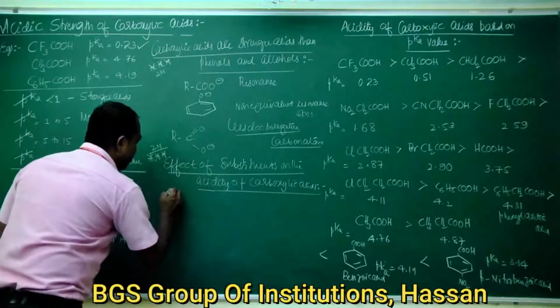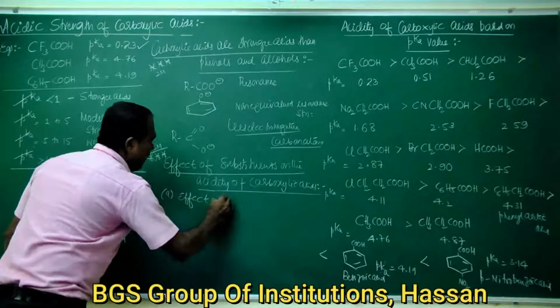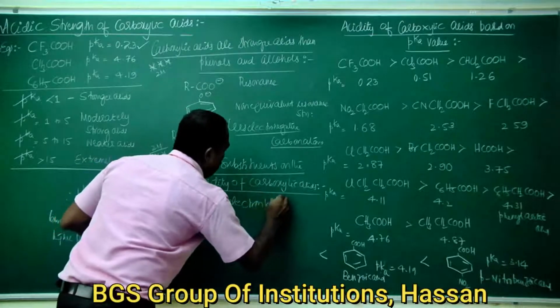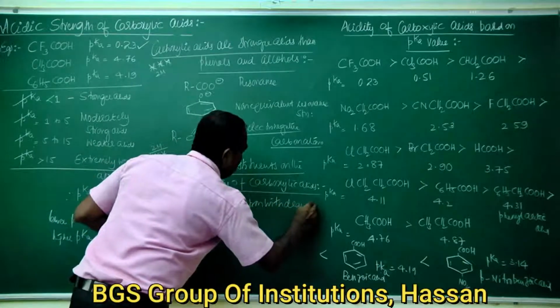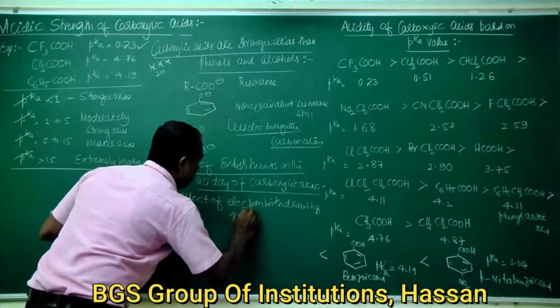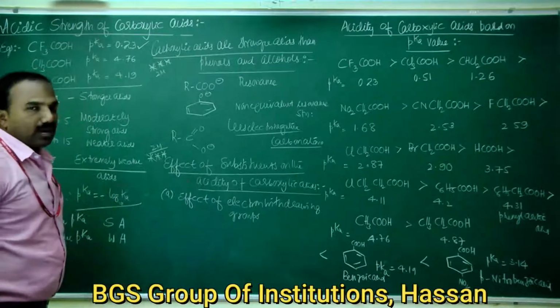There are 2 effects. The first one is the effect of electron withdrawing groups on the acidity of carboxylic acids.